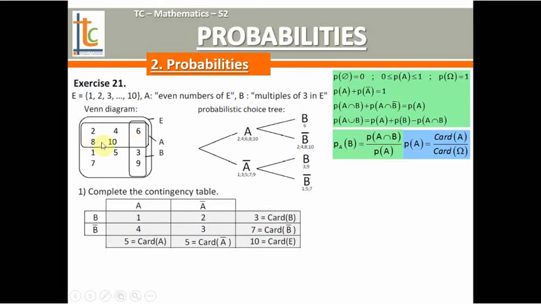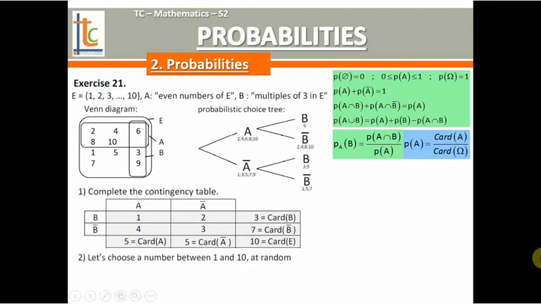And in detail, 1 is in B and 4 are outside B. In A bar, you've got 5 elements again, but 2 are in B and 3 are outside B. And you can do a total for B and for B bar and confirm that there are 3 elements in B and 7 in B bar, as the Venn diagram shows you.